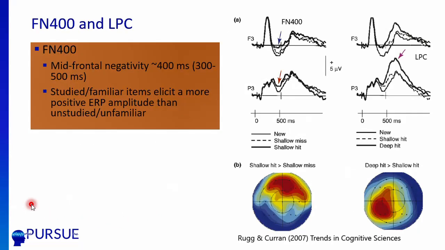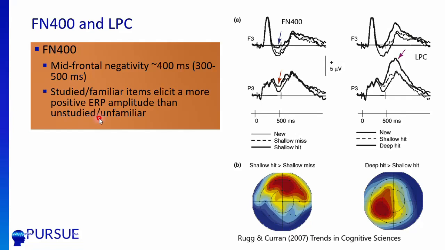Another ERP that we look at is called the FN400, and it's similar to the N400, and I'll get to that in just a minute. But the F here stands for frontal, so it's a frontal negativity, right about 400 milliseconds. Typically we measure 300 to 500 milliseconds as the interval that we use. And this appears in recognition memory studies because studied or familiar items elicit a more positive ERP amplitude than unstudied or unfamiliar items.